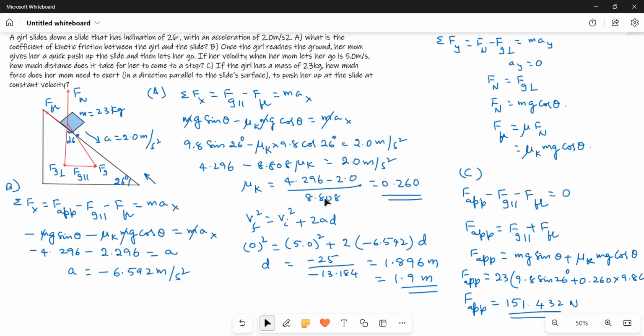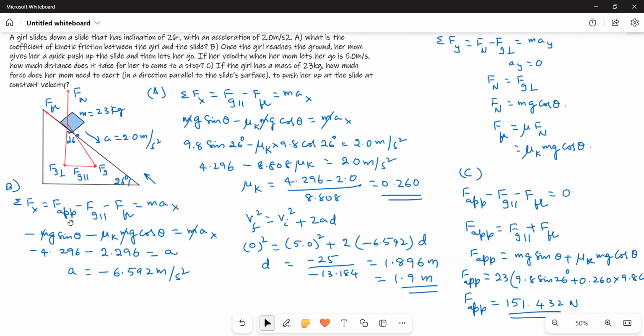The first part is very easy for you, because sigma Fx is equal to Fg parallel minus F friction is equal to max, and we are writing this equation from the force diagram, and then we are finding the mu k. And then when it comes to the b bit, the Fx is equal to F applied because the mother is pushing the child up and then leaving.